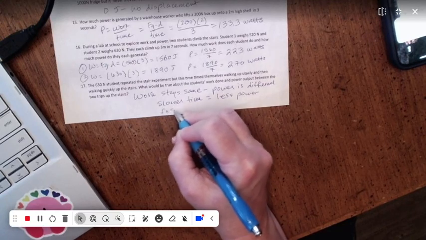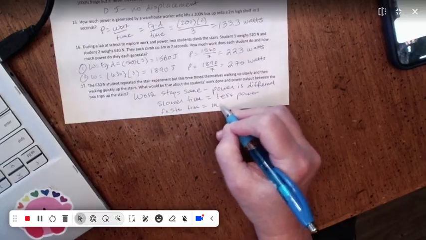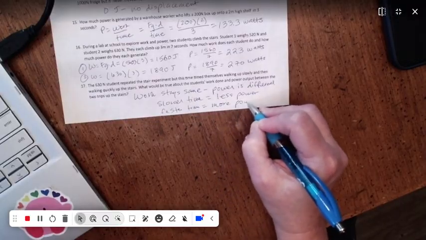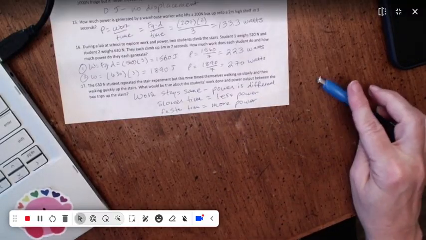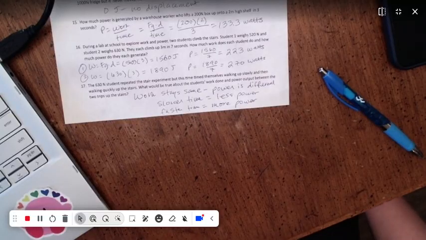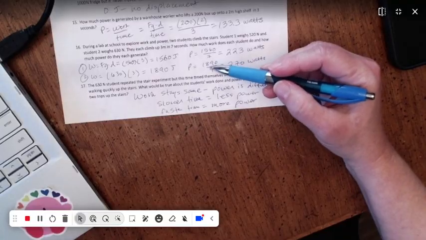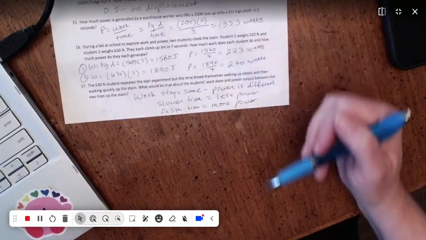So faster time equals more power. And that's because power is a rate at which we do work over time. So if we do work in less time in one instance versus another, then we're going to have more power. It's really like an inverse relationship because time is on the bottom.